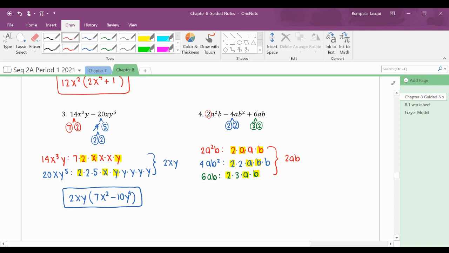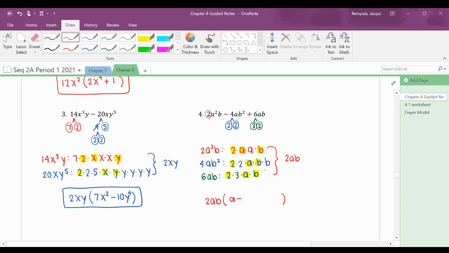2ab is my GCF. So that goes first, and then in parentheses, I'm going to be filling in each row of what is left over. So in the top row, the only thing that's not highlighted is an a. Notice that there is a subtraction sign before we get to what our second row was. So I put the subtraction sign.